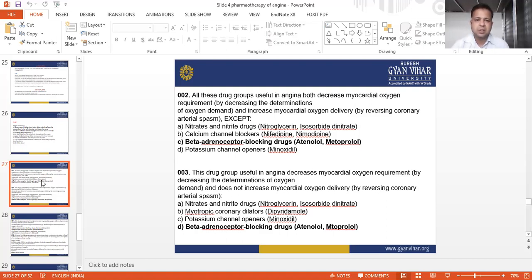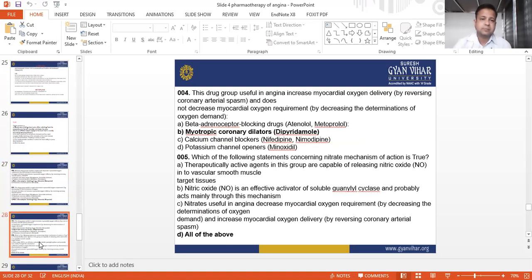Options are A, nitrite or nitrate drugs, that is nitroglycerin, isosorbide dinitrate. B, myotropic coronary dilators, that is dipyridamole. C, potassium channel opener, that is minoxidil. And D, beta adrenoceptor blocking drugs, that is atenolol and metoprolol. Correct answer again: beta adrenoceptor blocking drugs, atenolol and metoprolol.